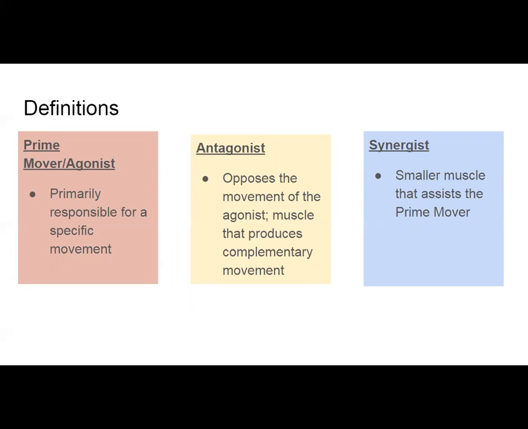Okay. More terms related to how muscles contract or how they move. So you have the prime mover or the agonist. So the prime mover is the primary muscle responsible for a certain movement.